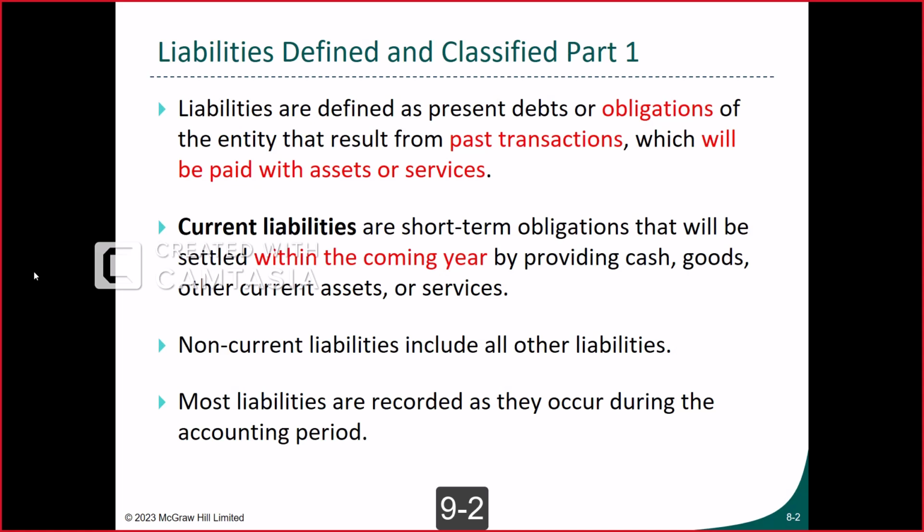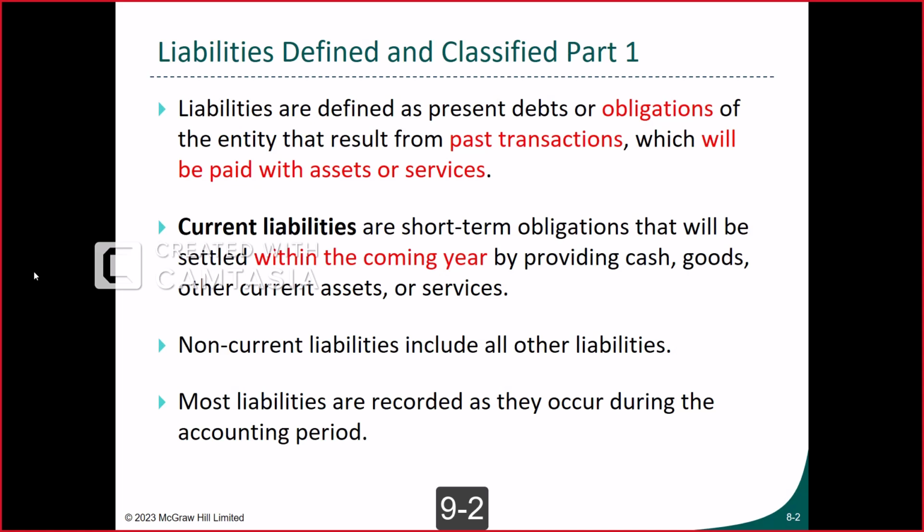So as you can see, in this definition, there is no indication that in order for a liability to be recognized, it should be determined with accuracy, or that we should be able to get the exact amount. So there is no requirement.